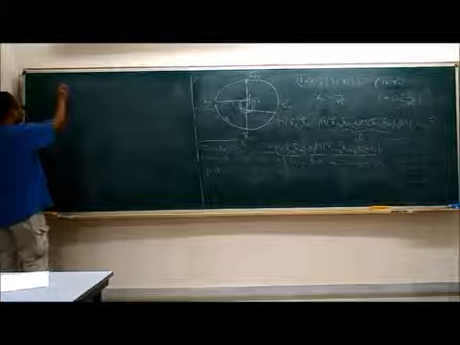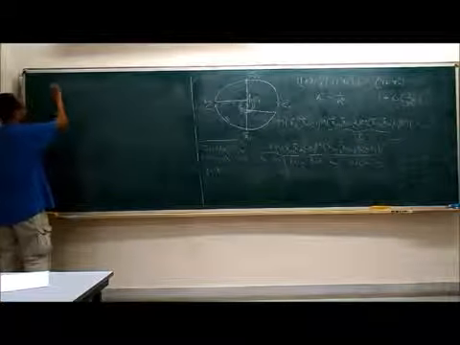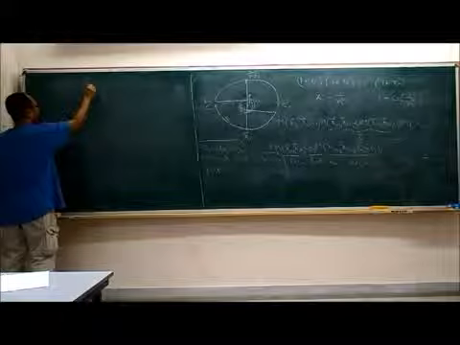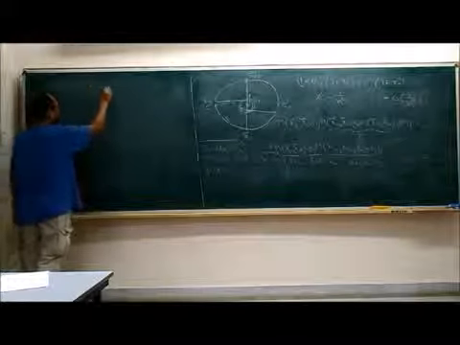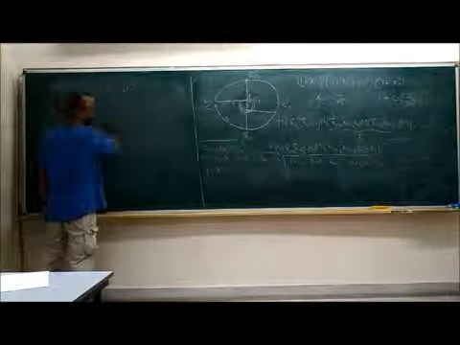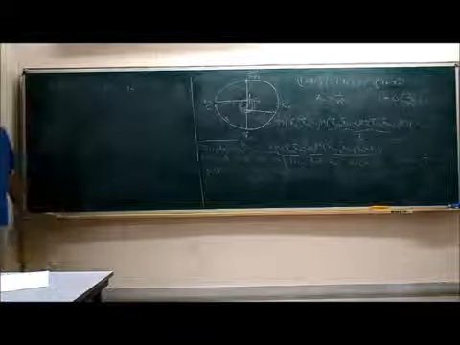Let's suppose that our Riemannian space is labeled by the coordinates x^i with i running from 1 to n. So it's an n-dimensional Riemannian manifold that you have to describe.